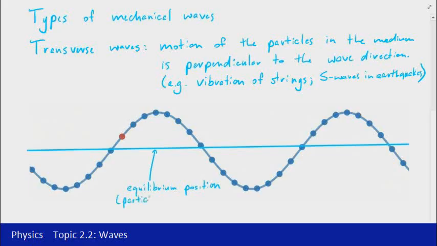When the particles are at that position, we'd consider that to be the equilibrium position. Another way to think of it is that it's when there's no wave travelling through. So if there was no wave travelling through this particular medium, then the light blue line is where all the particles would be positioned.